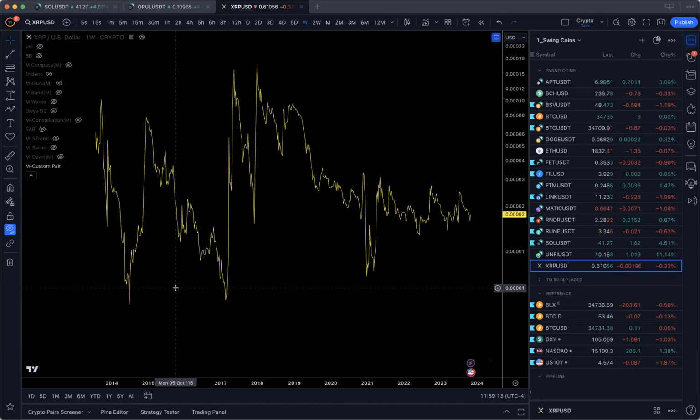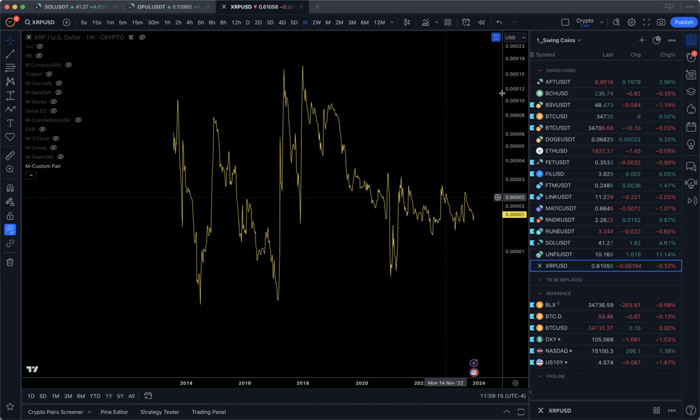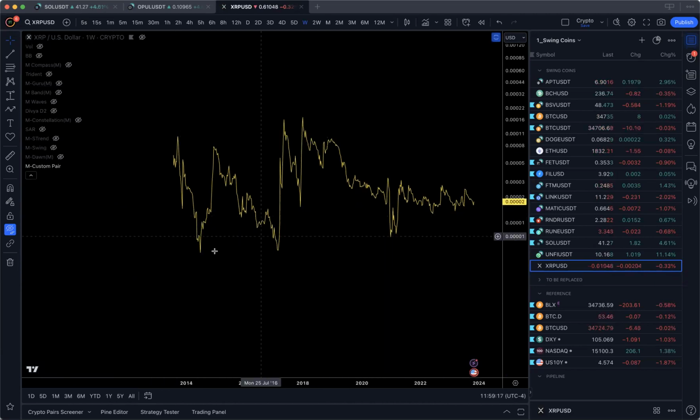So if you zoom out, definitely who is the real winner? If you bought XRP here or here, then you are still better off with XRP. But if you bought XRP here, whether you have XRP or BTC doesn't matter.